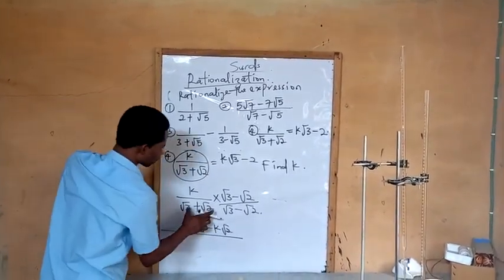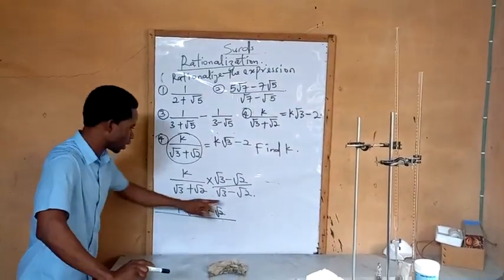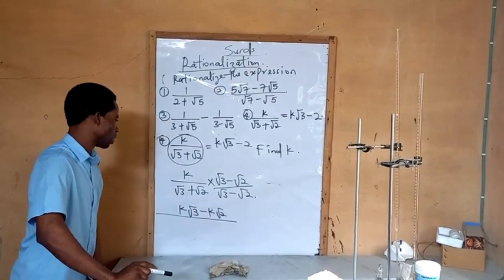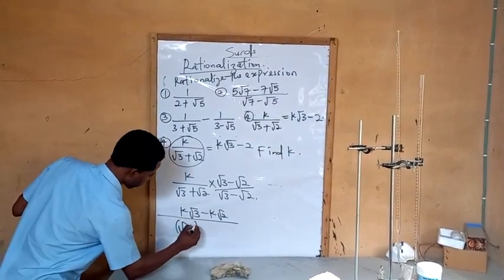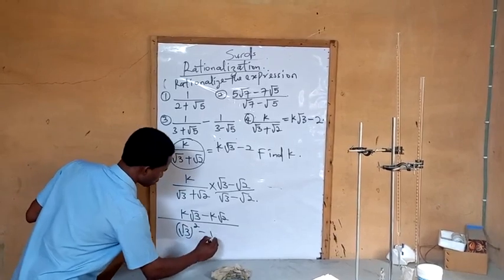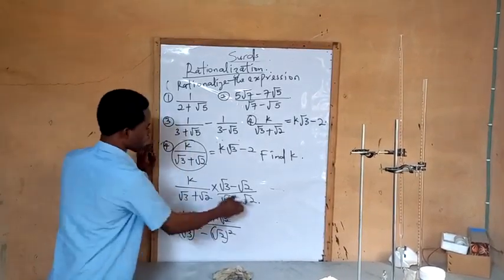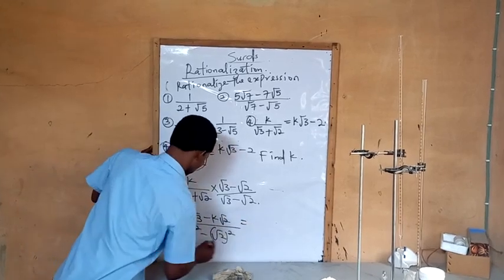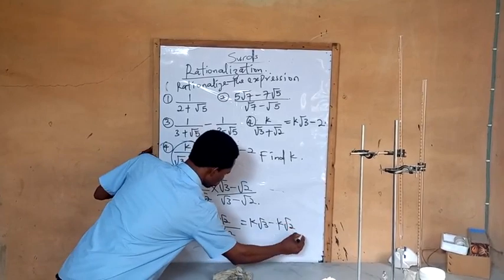Now, when you have something like this in mathematics, to make it simpler, you can just pick the root 3 squared minus root 2 squared. It gives you the same thing. Even if you expand this one, you're going to have the same thing. That means k root 3 minus k root 2 over.